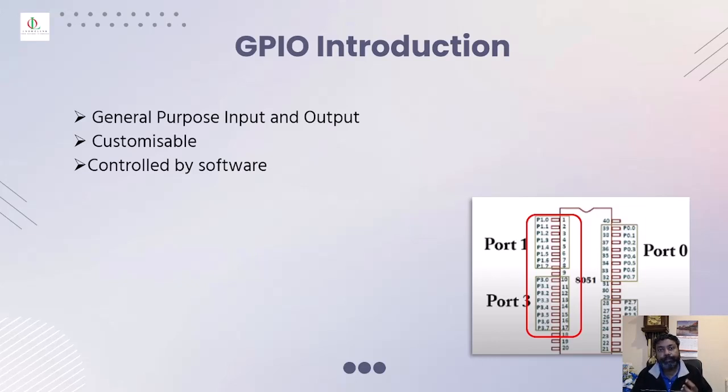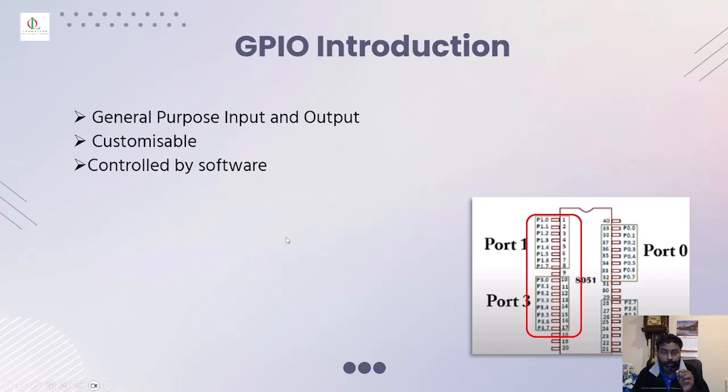Whereas I said, the input and output pins, so you can configure these ports as either an input or an output, and these can be customizable. That's what it means. So each and every pin can be customized, whether to use it as an input or an output, and that can be controlled by the software.